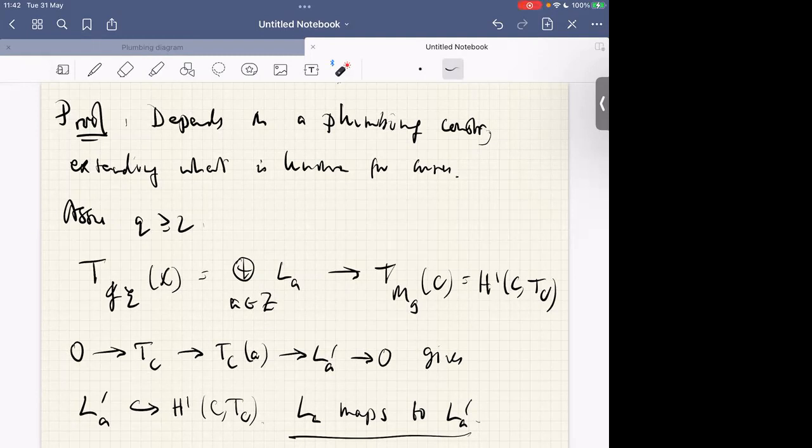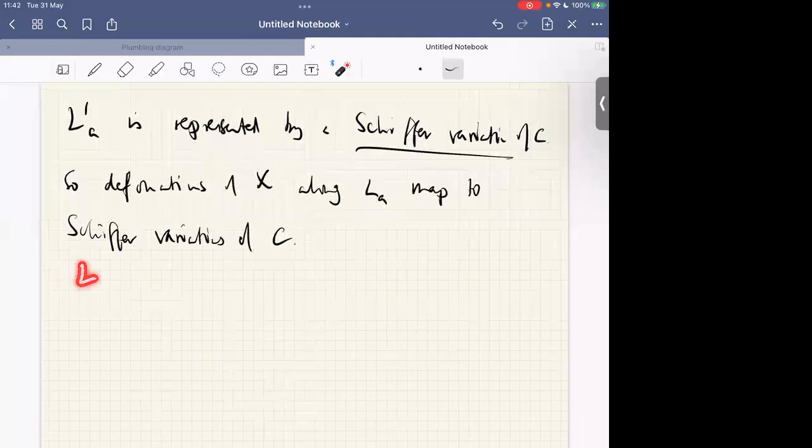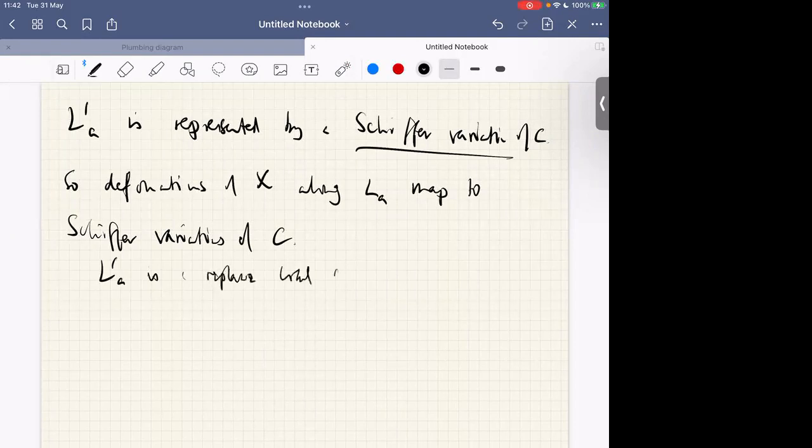So L prime A is, let's replace a local coordinate Z by Z plus T over Z. All right, so we make a meromorphic variation, the simplest possible meromorphic variation. Or let me express this as a slogan.